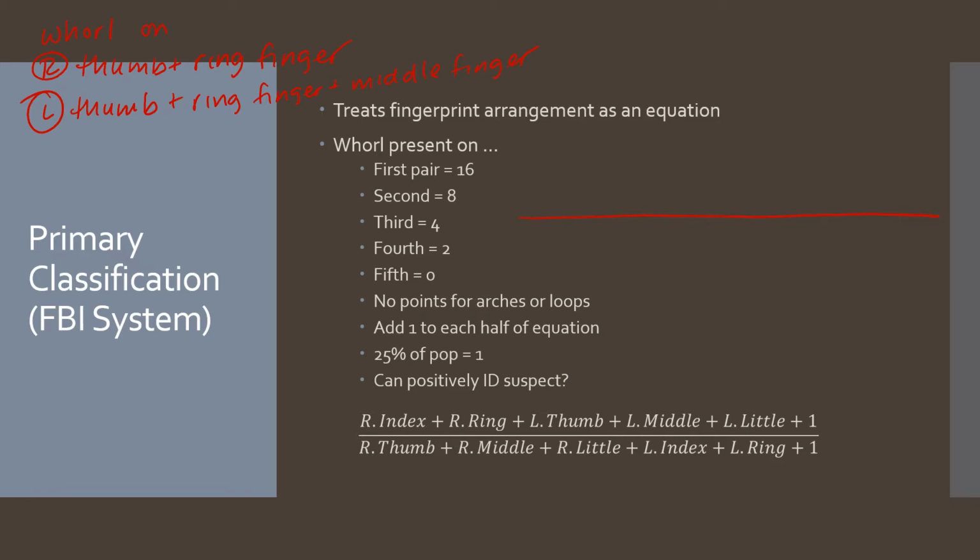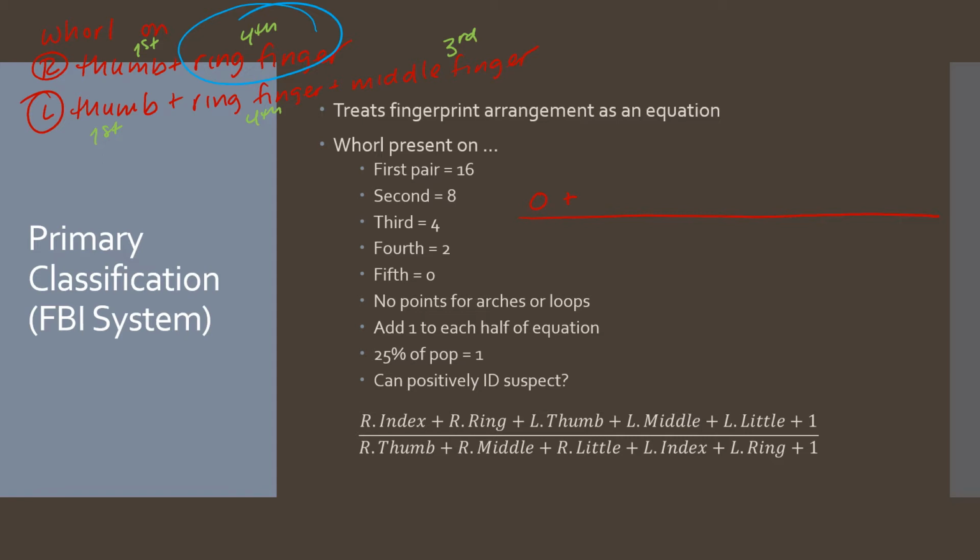So the right thumb, the thumb is the first digit. Ring finger is the fourth digit. Middle finger is the third digit. Right index finger. Did I say that the right index finger had a whorl? No. Put in a 0. Right ring finger? Yes, I did, didn't I?